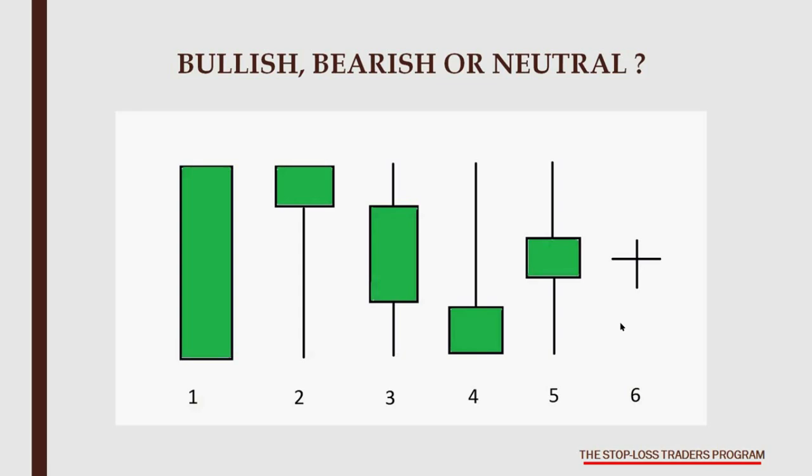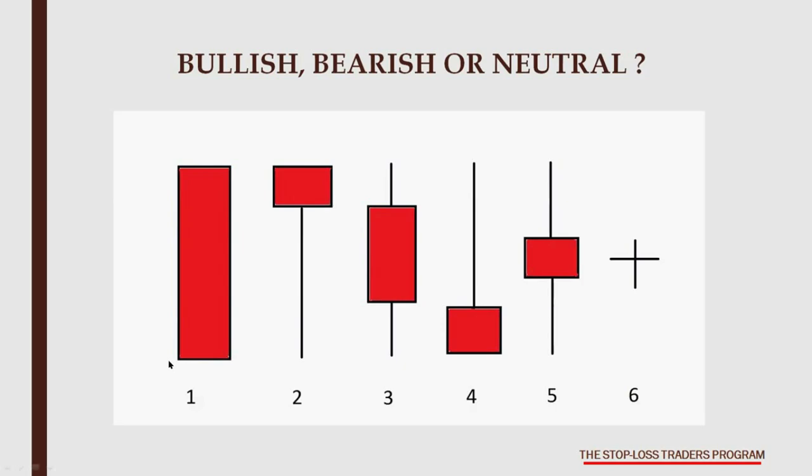Now, the high is marked by the top of the upper shadow and the low by the bottom of the lower shadow. Now, what does that indicate? If the stock closes higher than its opening price, a green candlestick is drawn with the bottom of the body representing the opening price and the top of the body representing the closing price. Now, this is a green candlestick.